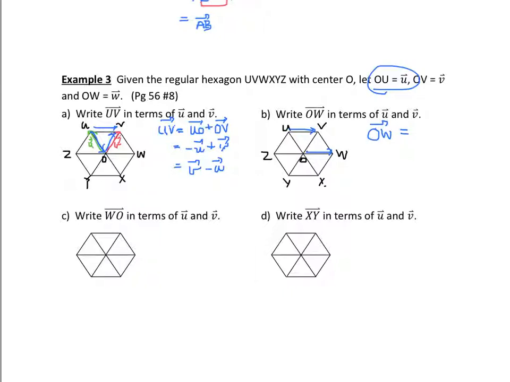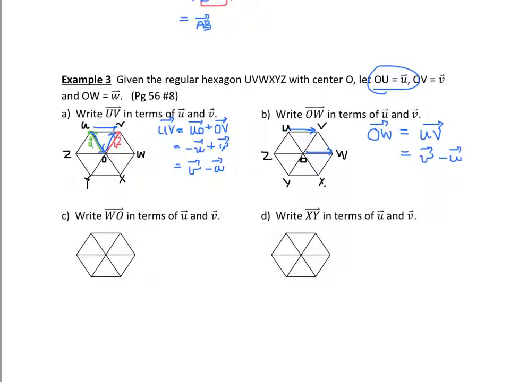It's positioned differently in space, but it has the same magnitude and the same direction. So those are equal vectors. So OW is equal to UV. And again, that's because it has the same magnitude and the same direction. So now UV is the one that we just did. So these are equal. This would also be v minus u.